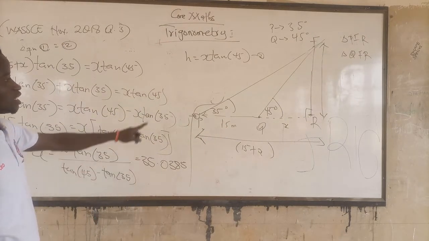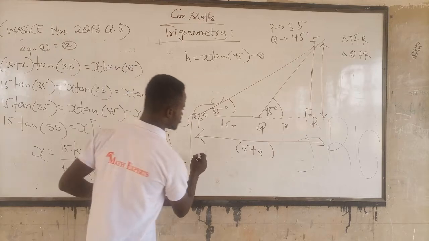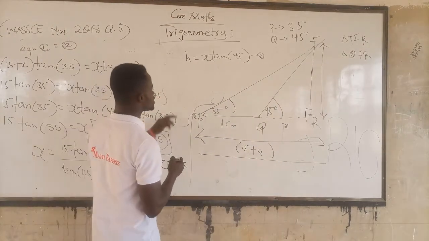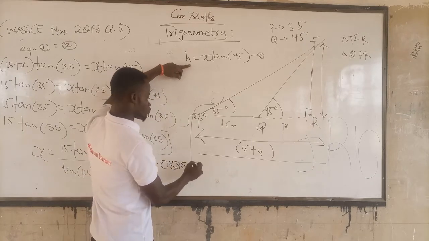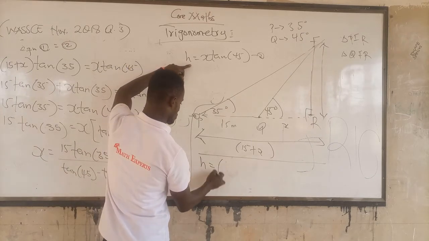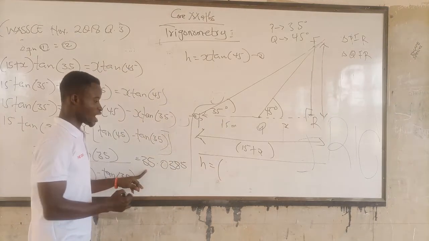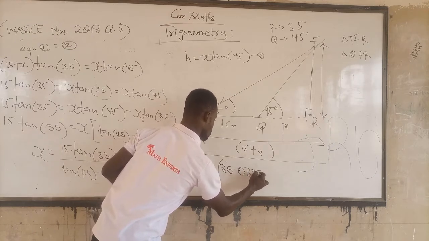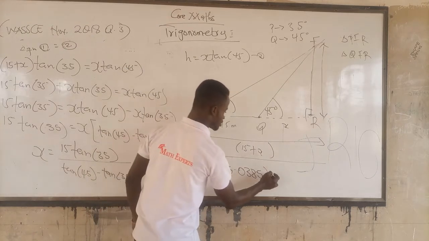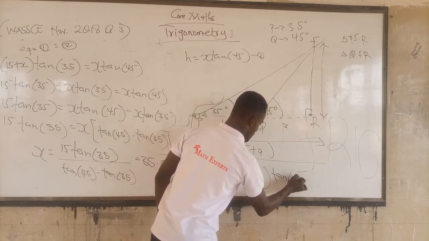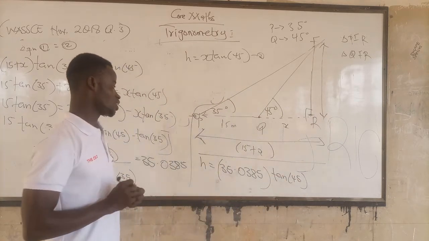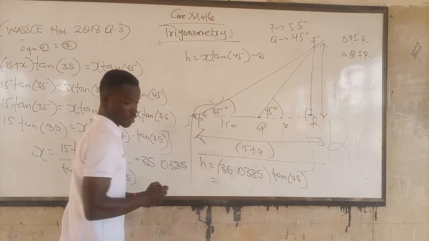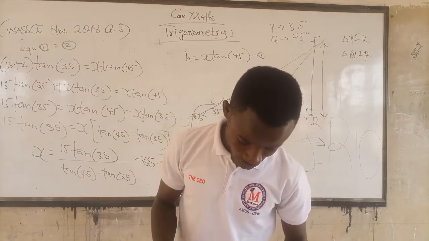So now I can clean this part. Now that we know S, let's go look for H. Okay, let me maintain this side. We know that from equation 2, H is S times tan 45. So H will be equal to S, which is what? 35.0385, times tan 45. And when you punch this on your calculator, you are going to get the height of the tower.